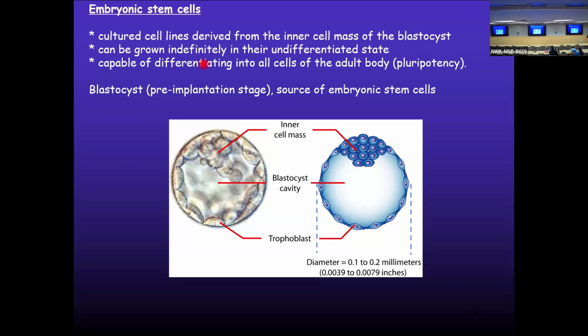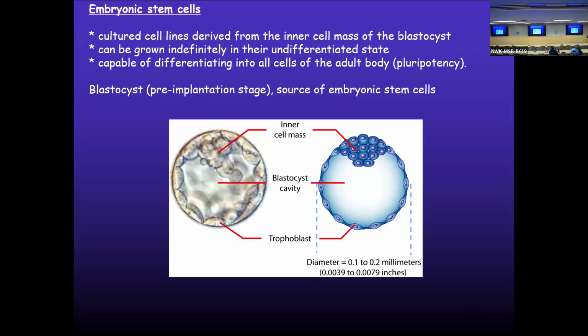So they can be grown indefinitely in their undifferentiated state. That's a wonderful, very powerful concept. I can derive embryonic stem cells, and I can have them growing and dividing on the dish forever.